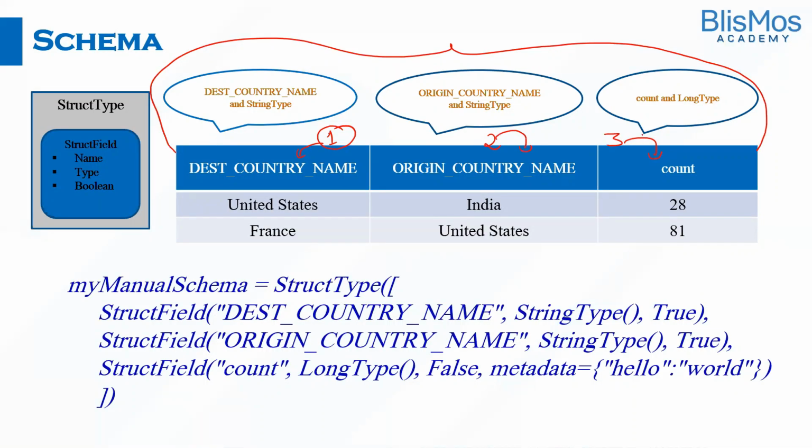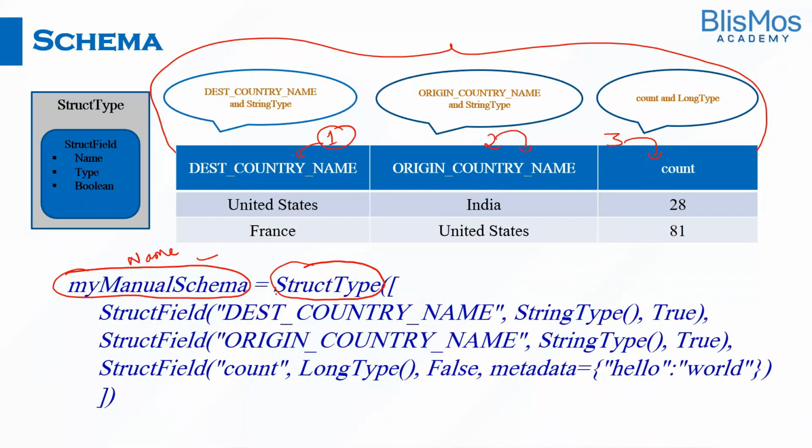So in order to define a schema for this manually, the way we can go ahead and do that is to define the name of the schema. This can be any name. Usually, depending upon the project, we have to name it properly, or if you really want to practice, you can give some hero or heroine name also. This is the name of the manual schema. As we already discussed, it will have a struct type.